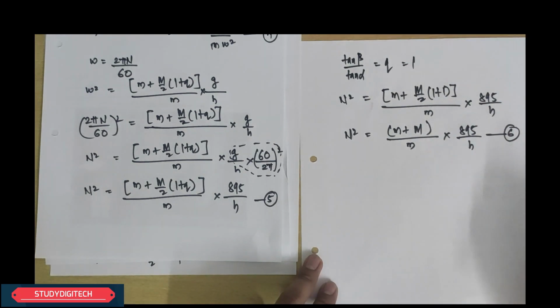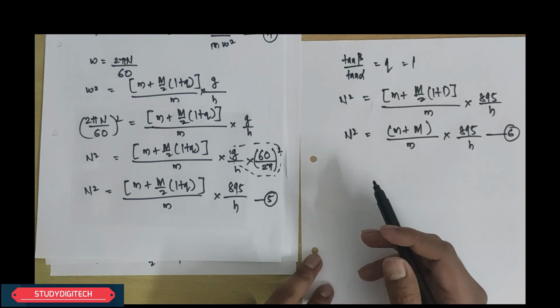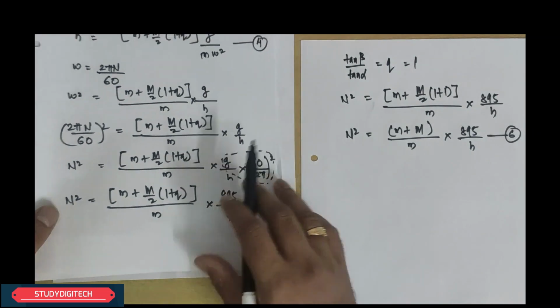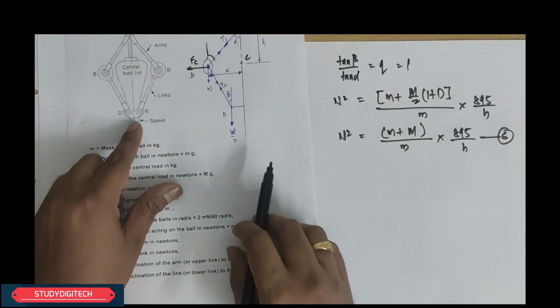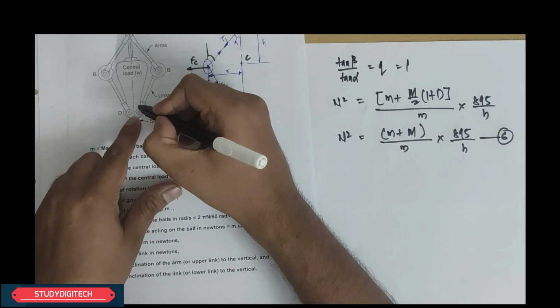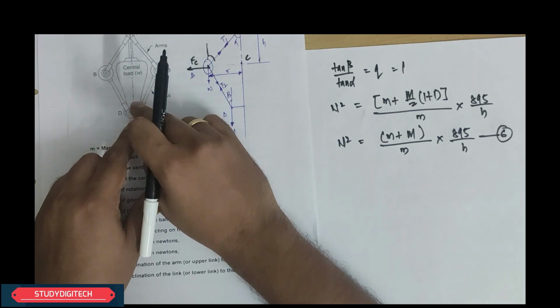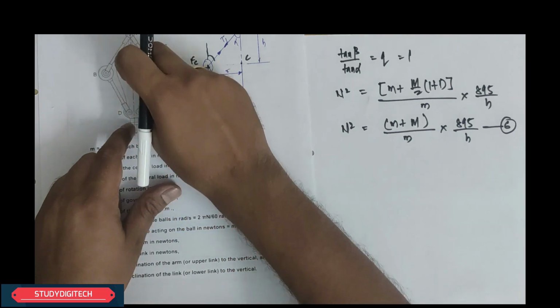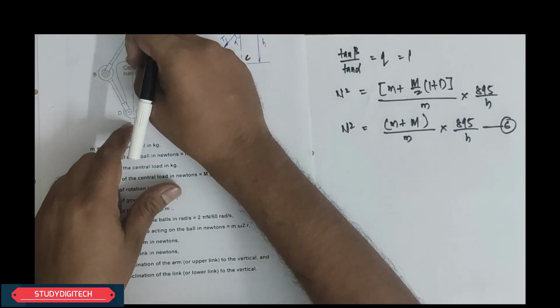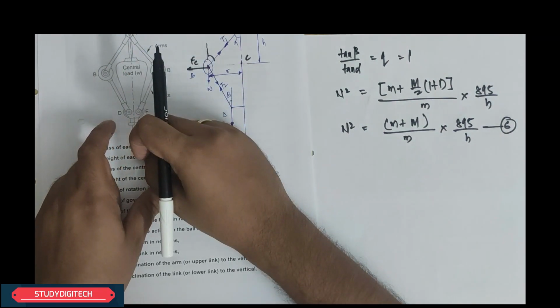Then the next condition is that of frictional force. Suppose the loaded sleeve moves in the upward direction. When the sleeve moves upward, its motion will be in the upward direction, so the frictional force will be exerted along the spindle, acting in the opposite direction.